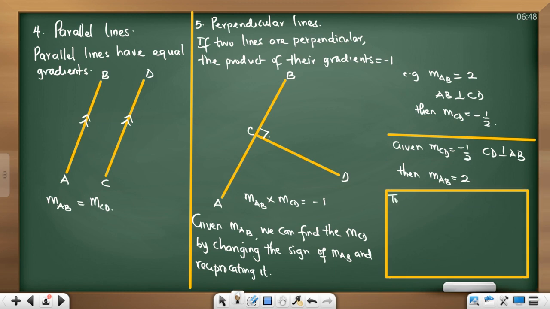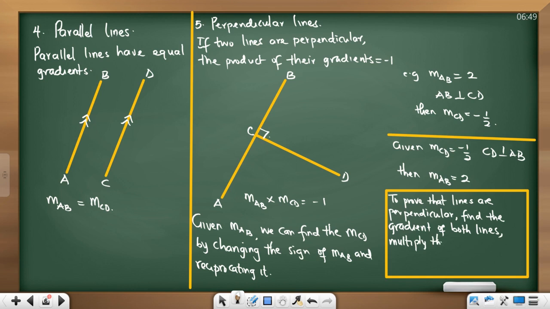To prove that lines are perpendicular, find the gradient of both lines and multiply them.